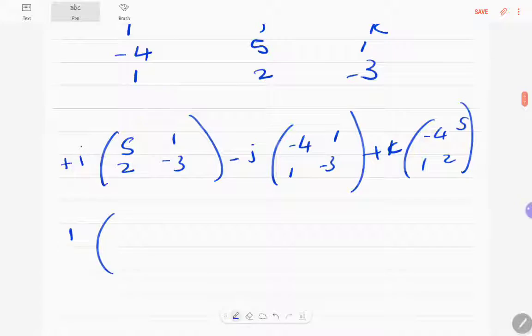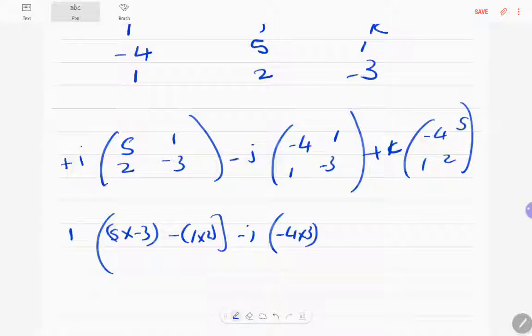i into 5 by minus 3, minus 1 by 2, minus j into minus 4 by minus 3, minus 1 by 1, plus k into minus 4 by 2, minus 5 by 1.